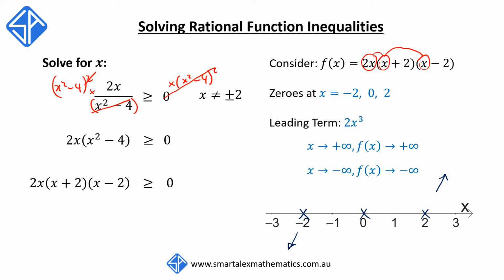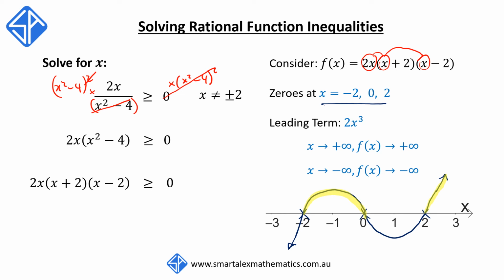Then we connect all this information with the zeros, and we're going to join them up for the graph of f of x. Now, since we're solving for f of x is greater than or equal to 0, we're going to be interested in sections of the graph that are above the x-axis. So this is going to be between negative 2 and 0, and also for x is greater than or equal to 2.